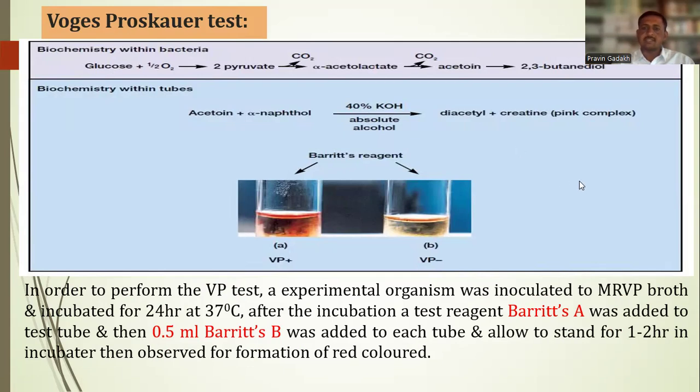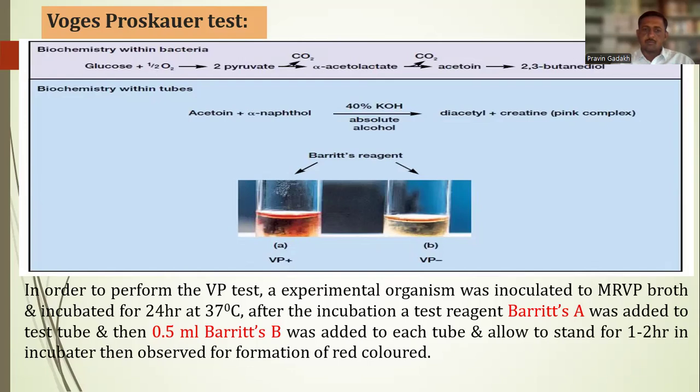If there is a non-acidic end product synthesized by that organism, the test is positive and is visualized by the formation of a coffee red colored ring. If the organism is not able to synthesize the non-acidic end product, the color remains as it is, and the test is considered VP negative.